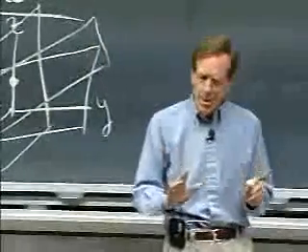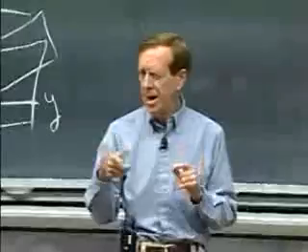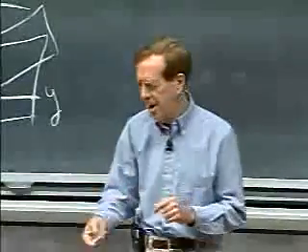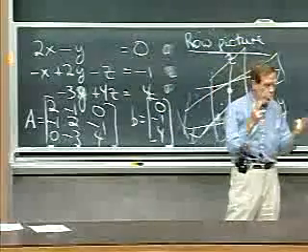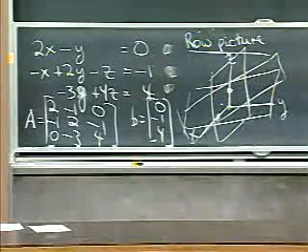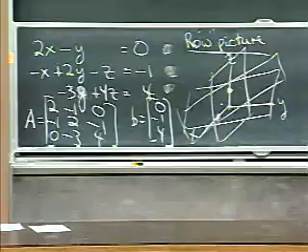But maybe you can see that this row picture is getting a little hard to see. The row picture was a cinch when we looked at two lines meeting. When we look at 3 planes meeting, it's not so clear, and in 4 dimensions, probably a little less clear.